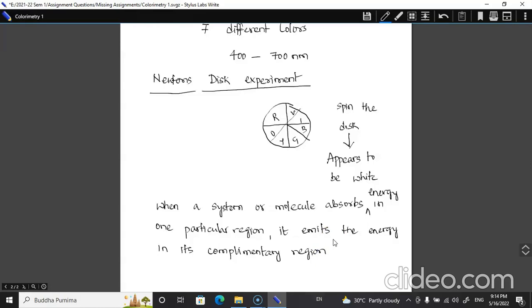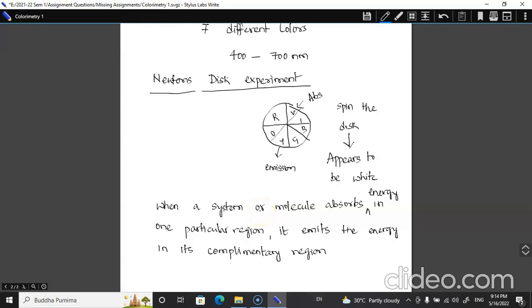This is a very important statement to remember. For example, if the absorption of the energy is there in the violet color region, then it emits the energy in the yellow color region. This is how the emission and absorption will take place. So if a system absorbs in the violet color region, then obviously it emits in the yellow color region, that is its complementary region.